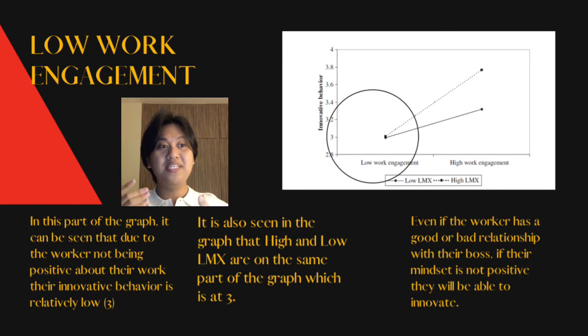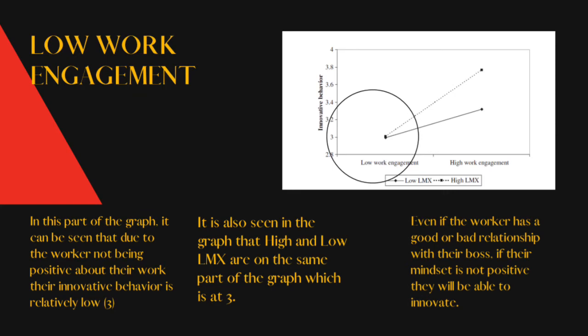It can also be seen that the high and low LMX are on the same part of the graph, which again is at 3. Thus, we can say that even if the worker has a good or bad relationship with their boss, if they are not positive about their work, they will not be able to innovate or bring new ideas into their workspace.